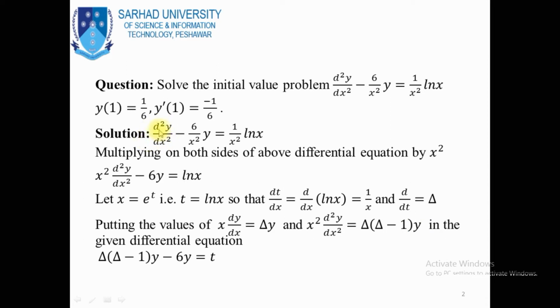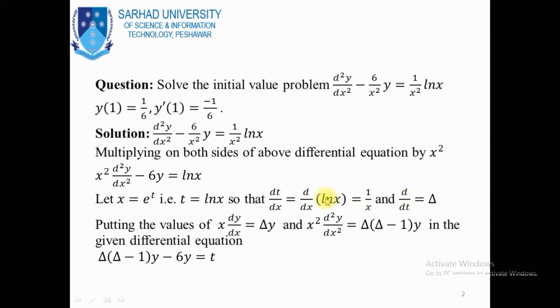In the Cauchy-Euler differential equation, we have discussed already that we have variable coefficients. To convert the coefficients into constants, we use this substitution where del is equal to d by dt.